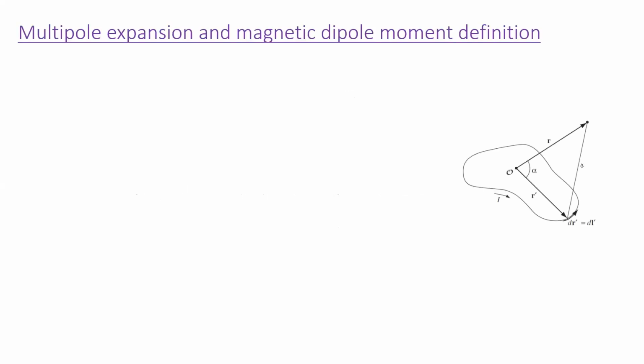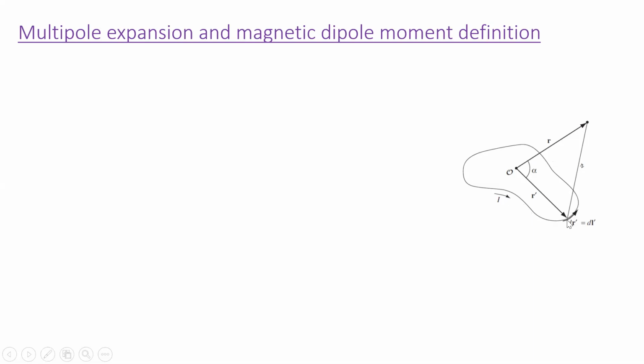Okay, so the multipole expansion, let's set up our geometry. So we have a loop of current here, and we choose an origin, and we have a distant point where we're observing the magnetic field, or the vector potential rather, and that's R, and we let R prime, the source term, range around our loop.